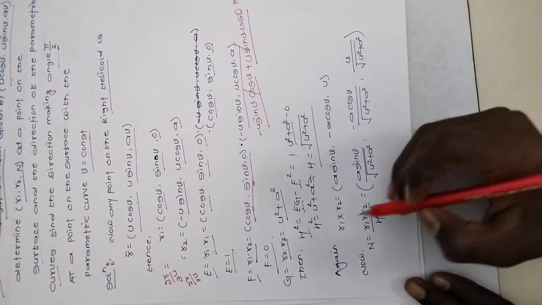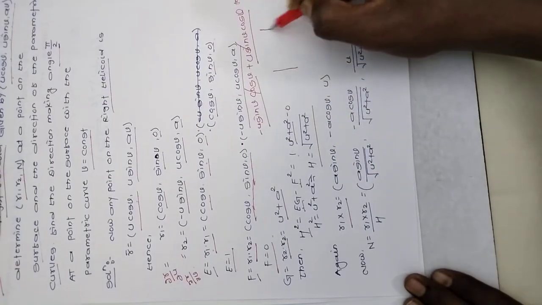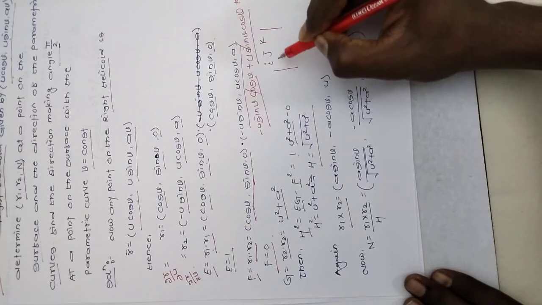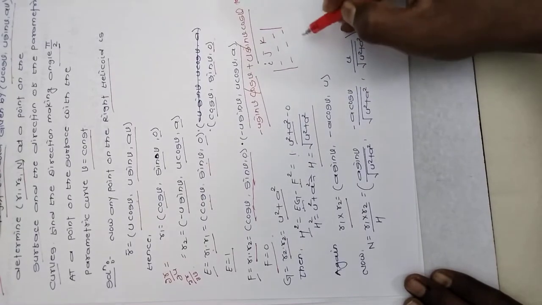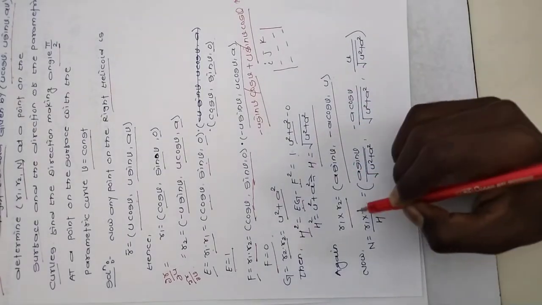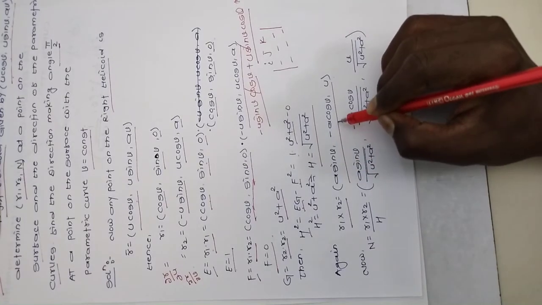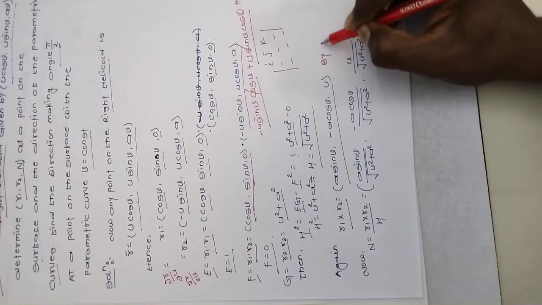Again we find r1 cross product with r2. Take a determinant and put the values of r1 and r2, and we solve the determinant. Then this gives r1 cross product with r2 equal to a sin v, comma minus a cos v, comma u, by using determinant.